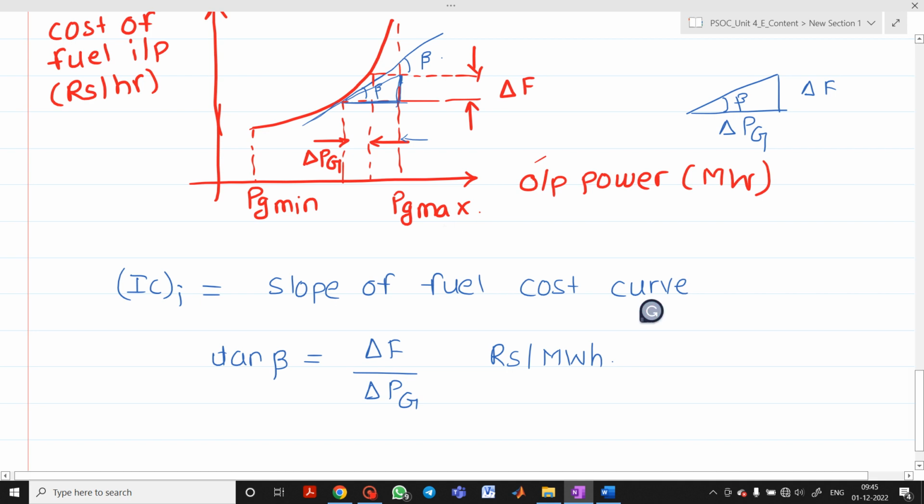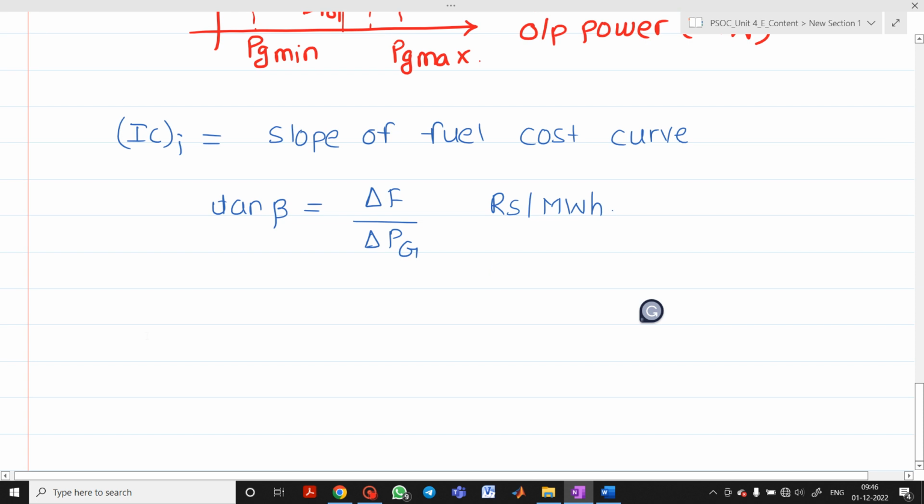Now the incremental fuel cost IC or IFC at the ith thermal unit is defined for a given power output as the limit of the ratio of increased cost of the fuel input to the corresponding increase in the power output in megawatt. Okay, so let me write it here. What is the meaning of IFC?